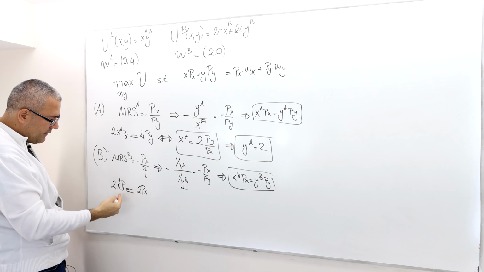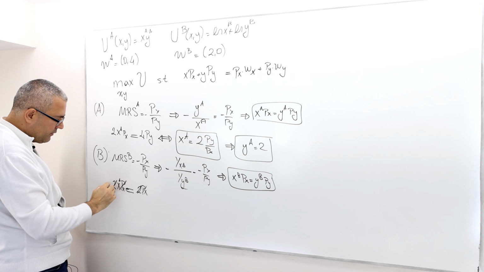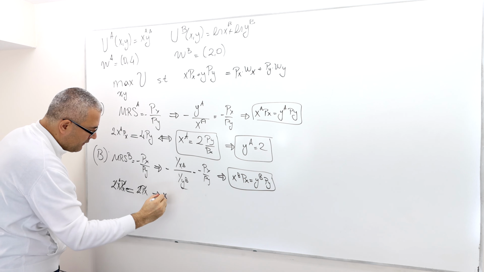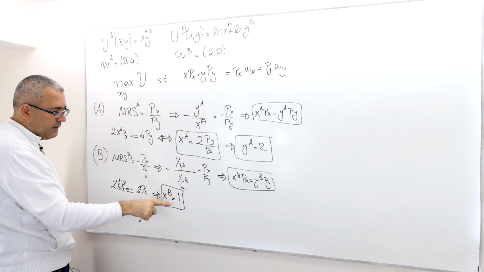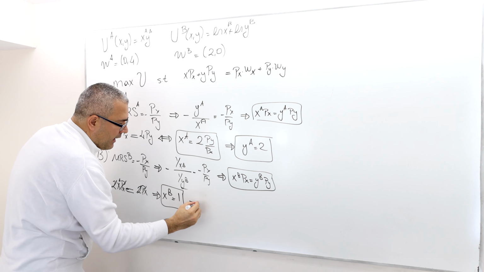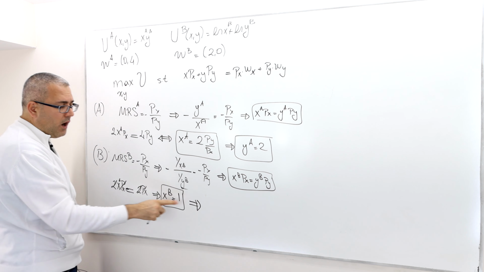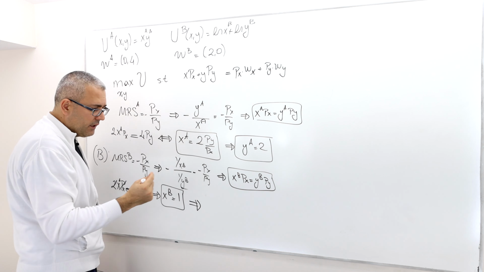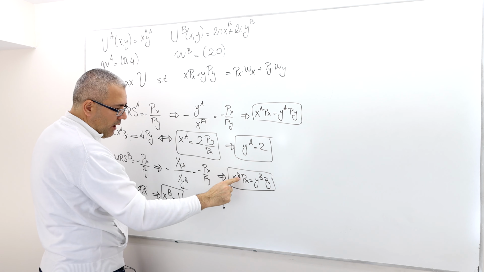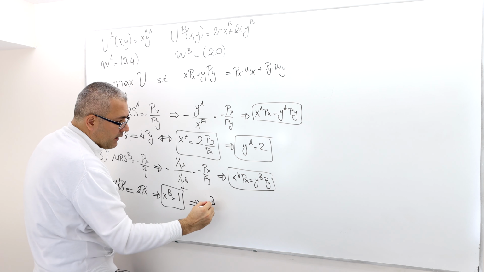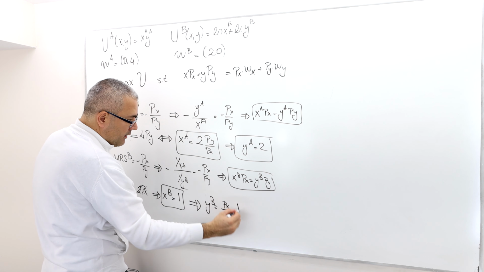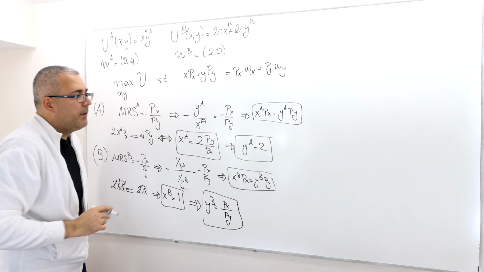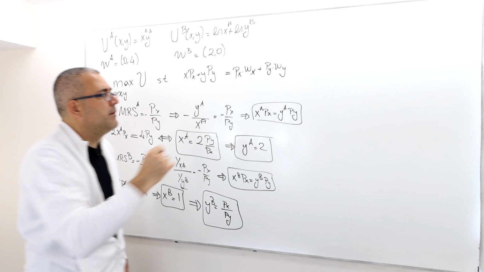Divide PX from both sides and 2 from both sides. Then the optimal consumption for agent B on good X is going to be 1 unit. And in order to find the optimal Y, use this equality. XB is 1 here, so therefore YB is going to be PX over PY. Okay, that's it. So I basically found the market demand.